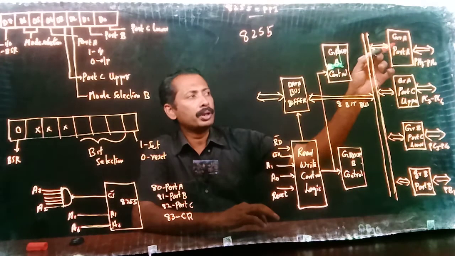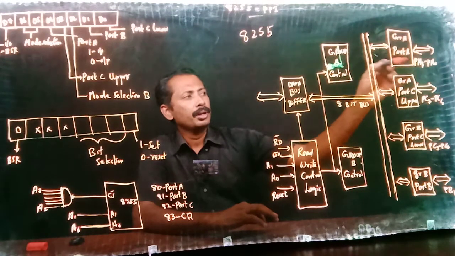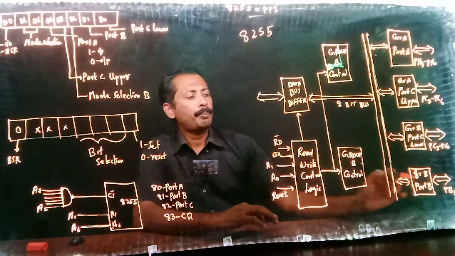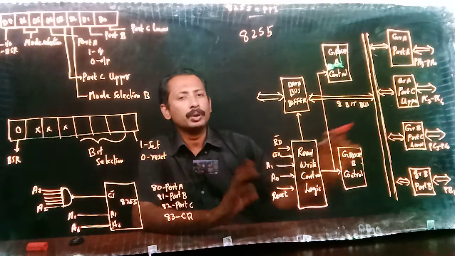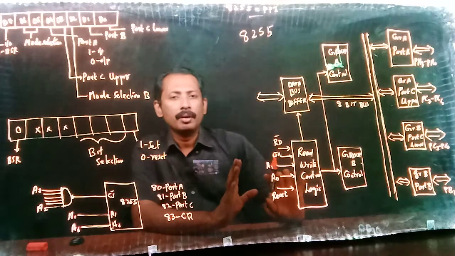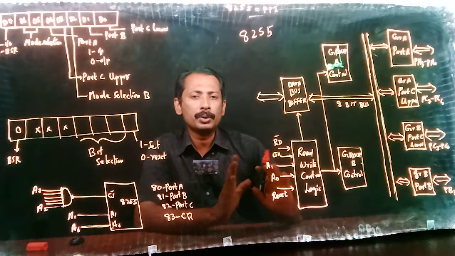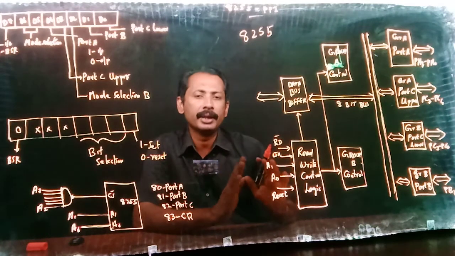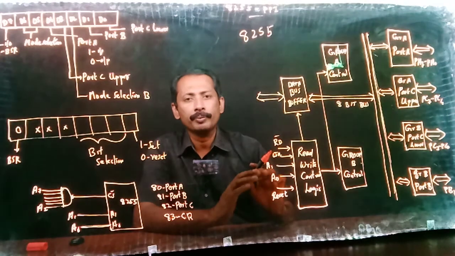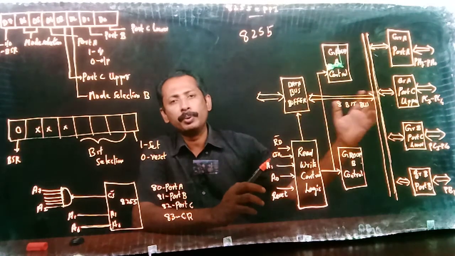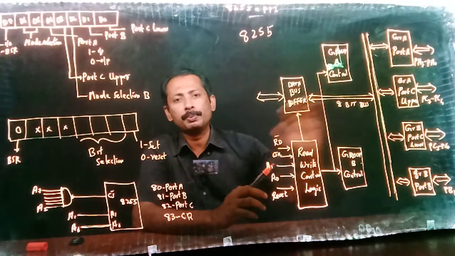So port A has 8 bits, port B has 8 bits, and port C together has 8 bits. We can use it separately or as 2 parts, port C upper and port C lower. So we can connect input-output devices to these ports.